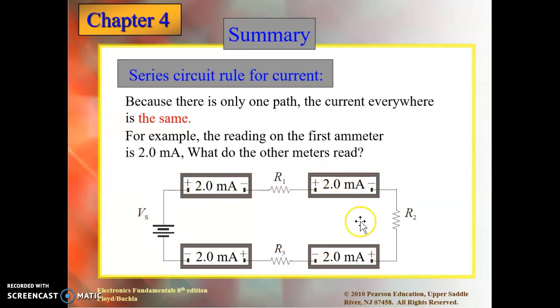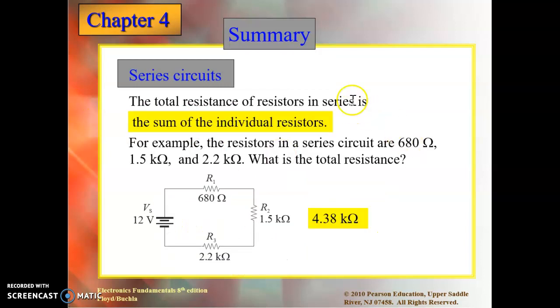They are all the same. This is a characteristic of series circuits. We always have the same current, and that comes down to the fact that current has no other way to go but to stay together in the single path all across the circuit.